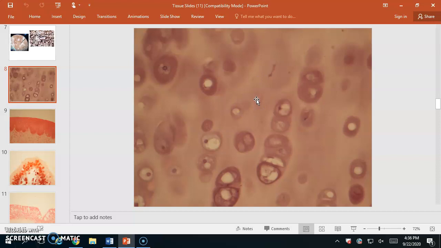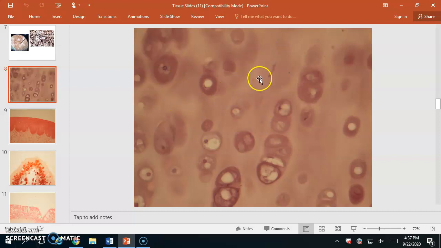Chondro is one of those prefixes we had you learn that refers to cartilage. These cells produce extracellular material, the cartilage matrix, which has collagen, some proteoglycans, and some ground substance.